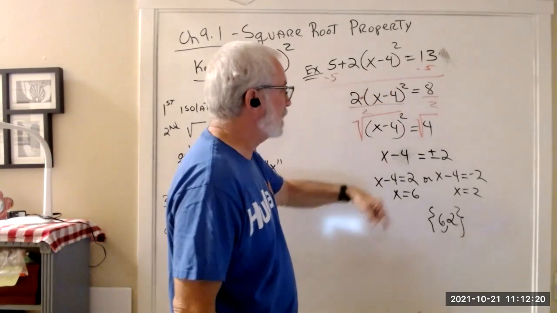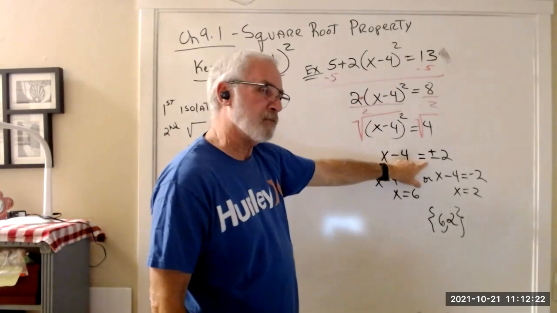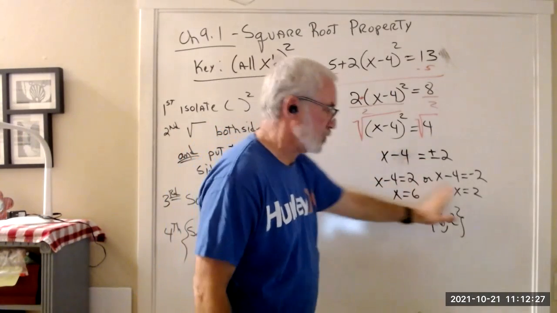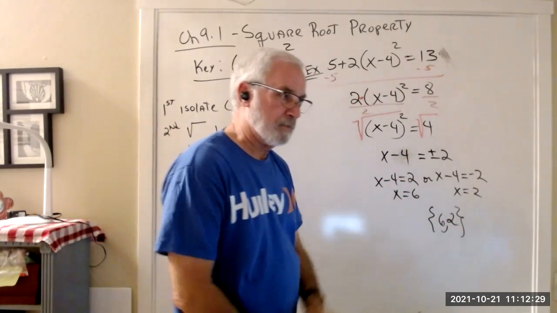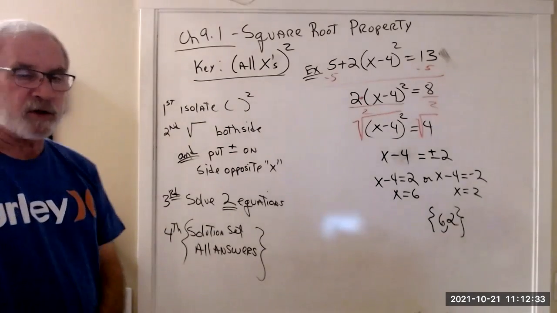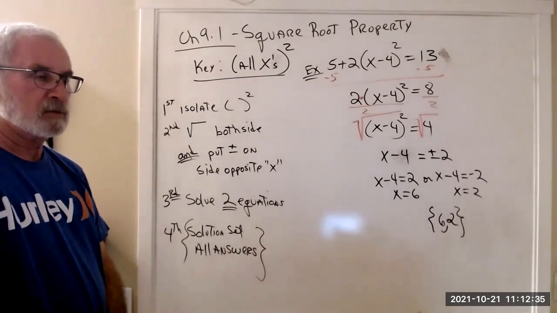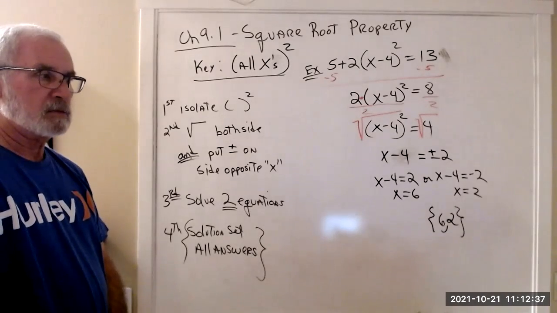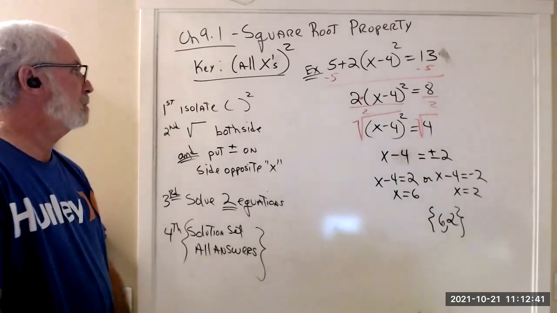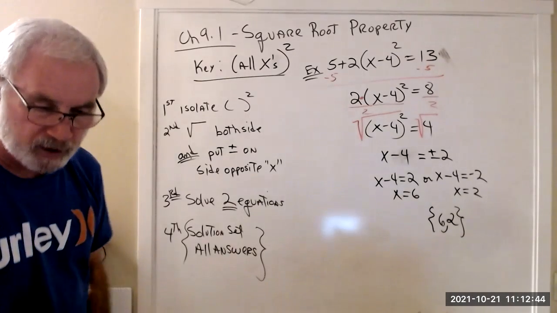And secondly, it introduces a plus or minus, which means we're going to get 2 answers to this problem. Okay, before I erase and do another problem, how are we doing? Good.